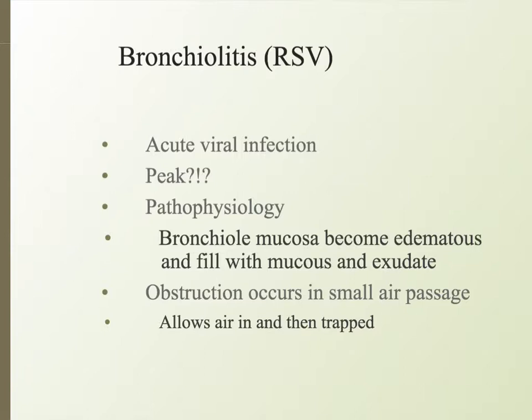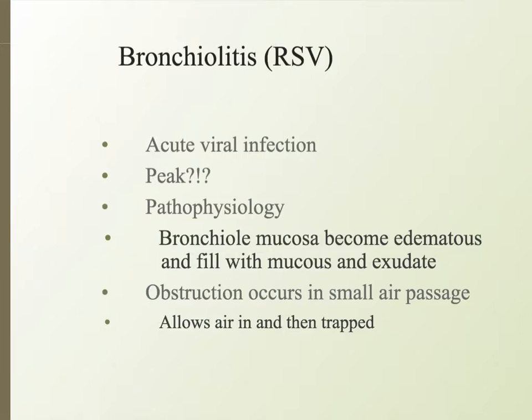Just in case I haven't mentioned it before, one rule of thumb is to think about the size of a kid's airway as roughly the size of their pinky finger or maybe their ring finger, so very tiny. Our book has a really good picture of the inside of an airway. Let's say the inside of a kid's airway is like 3 millimeters and the inside of an adult airway is like 8 to 10 millimeters.